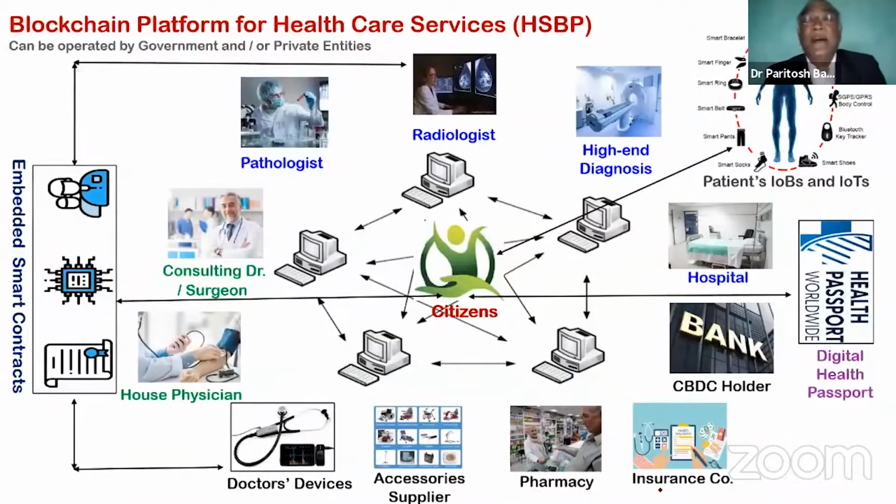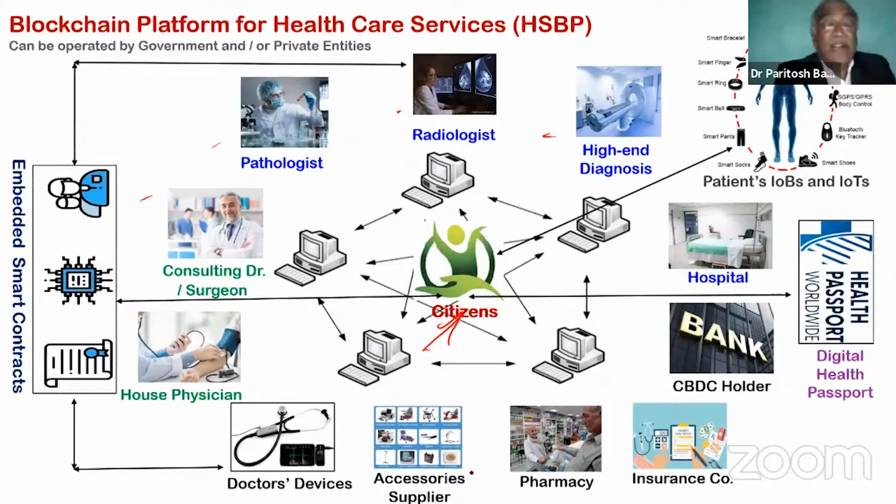This is my idea of the main scheme of the platform. At the center of it is the citizen of a country, and around it you have the house physician, consulting doctor, pathologist, radiologist, and high-end diagnosis systems, that means CT scans, etc. Then you have a hospital, a banking system, an insurance company, a pharmacy, and accessories which are required.